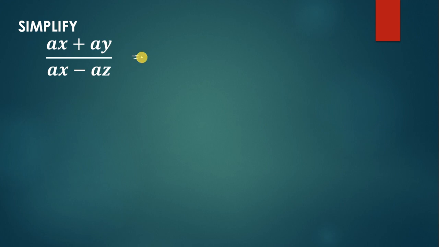So, kung mapapansin niyo sa numerator, ang common factor ng numerator is a. So, factor out natin si a. So, magiging x plus y. And then, para naman kay denominator, ang common factor niya naman ay a din. Same with numerator. So, yan ay a times the quantity x minus z.